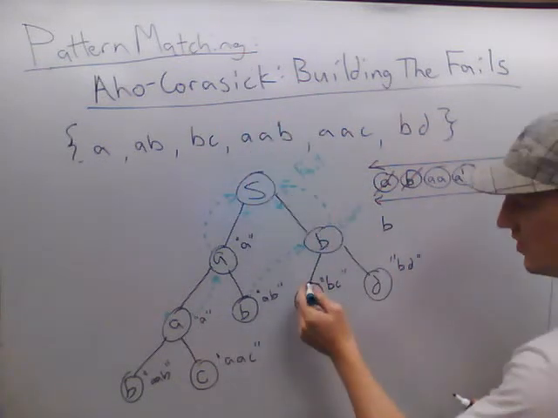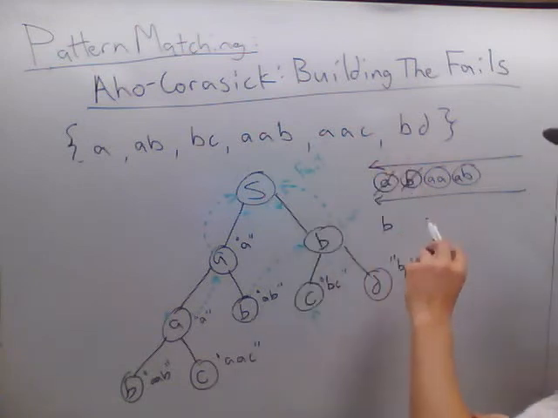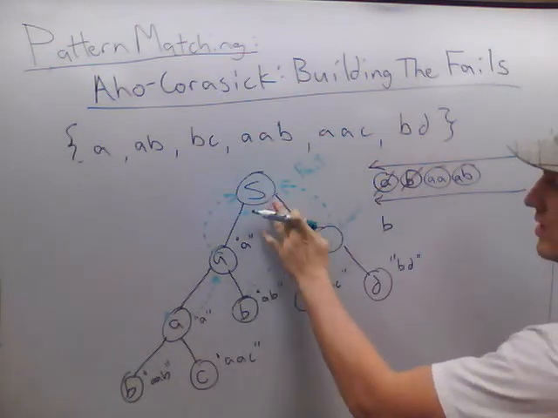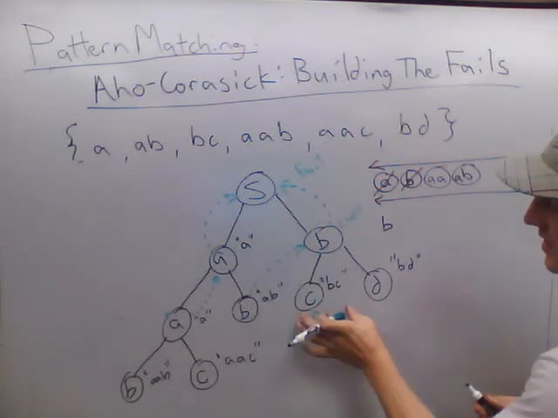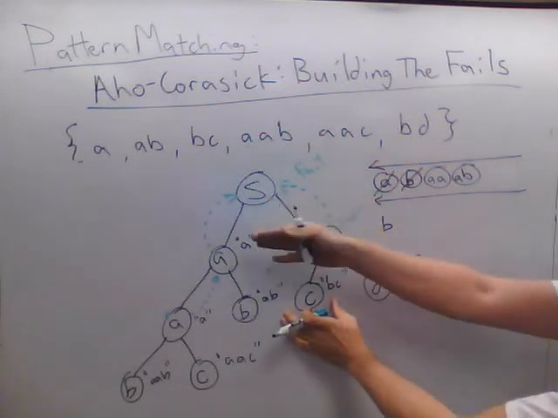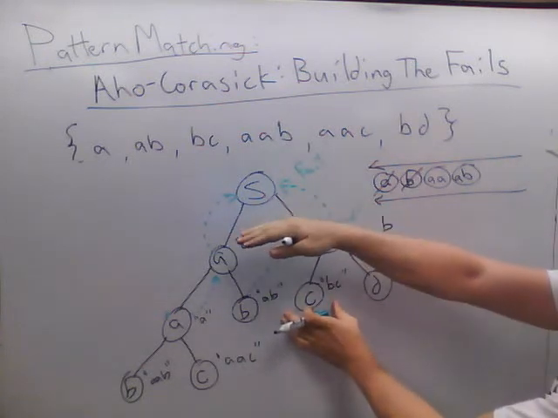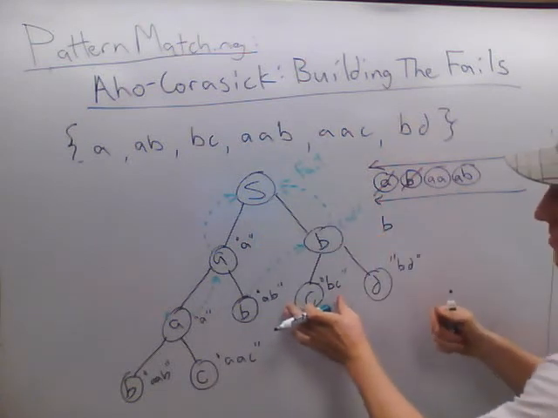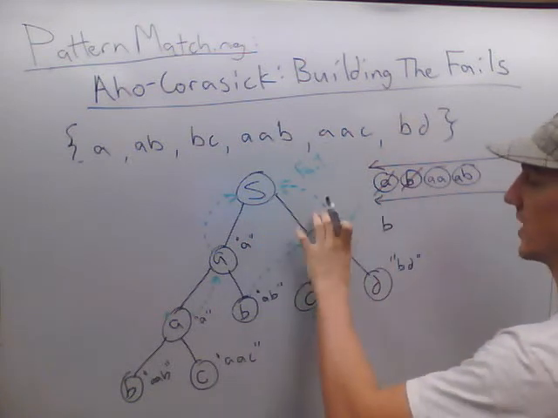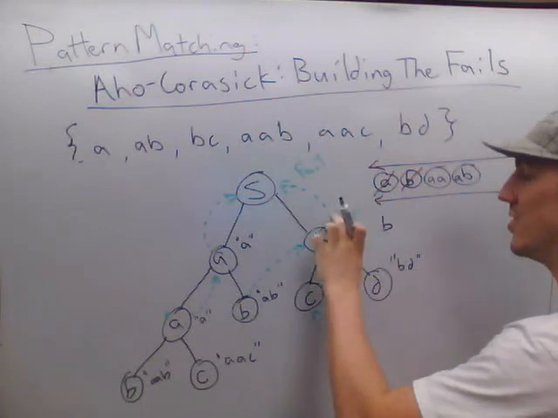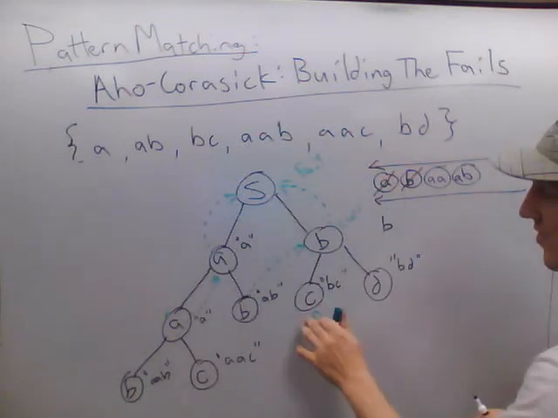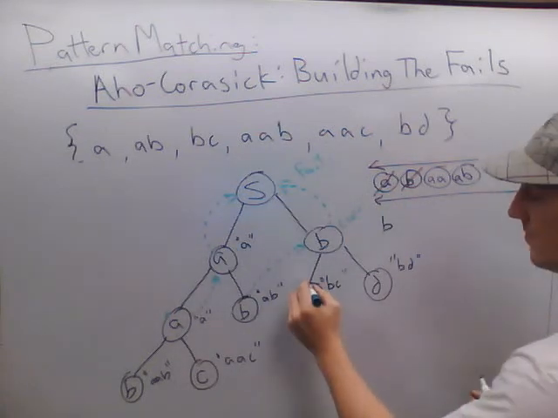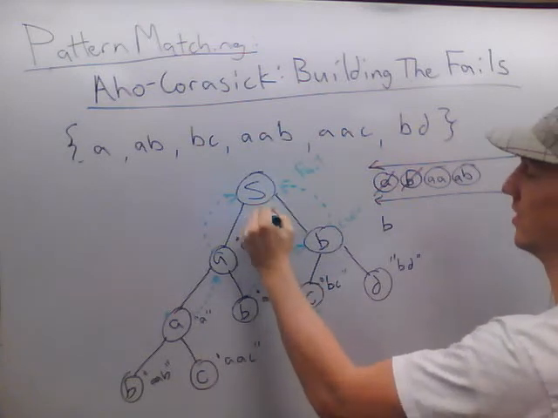So this node is simply just going to fail to the root node. That means there are no nodes on previous levels that have value C. So this is going to fail to the root node.